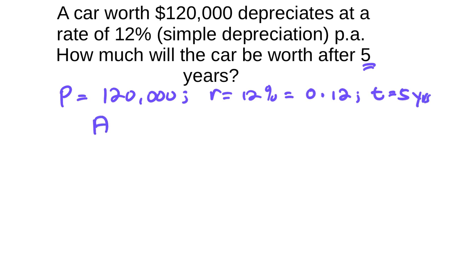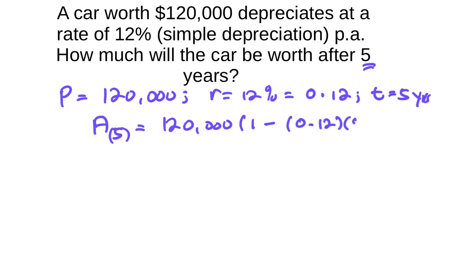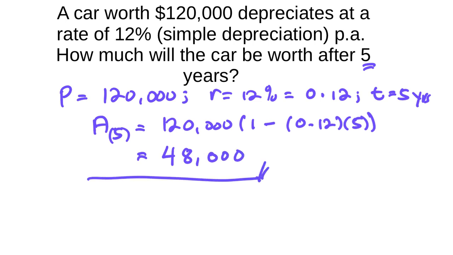Putting that in our equation, that's going to give you 120,000 multiplied by (1 minus 0.12 multiplied by 5). Putting it in your calculator, this is going to give you around 48,000. That's the value of the car after 5 years.